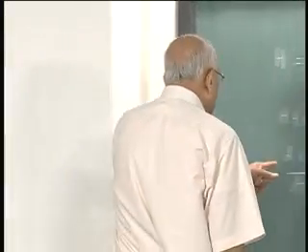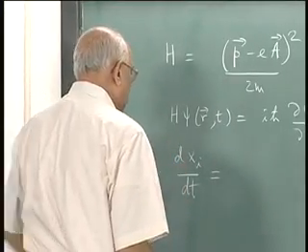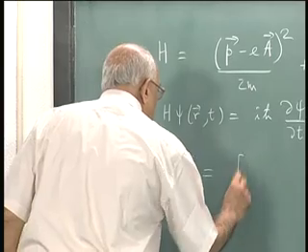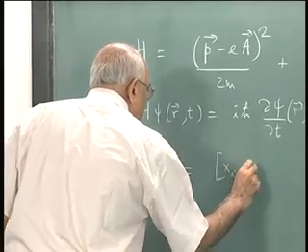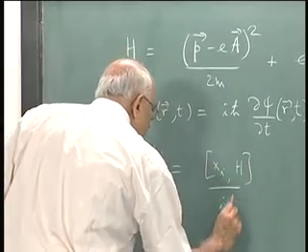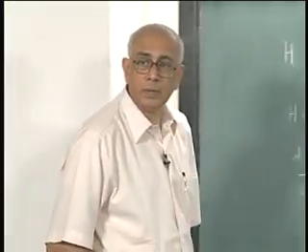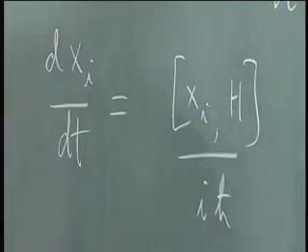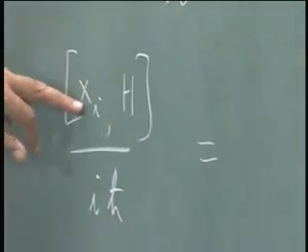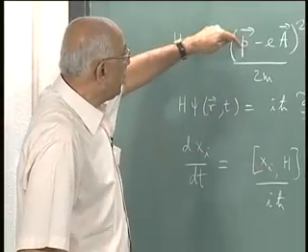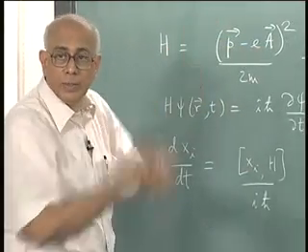This quantity, if you recall, this operator in the Heisenberg picture is 1 over i h cross the commutator of xi with H in the Heisenberg picture. And this commutator is easy to find because it is the commutator of xi with (pj minus eAj) whole squared.